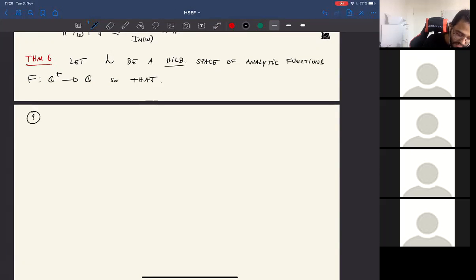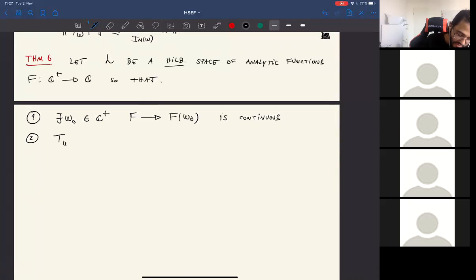First condition: there exists some W naught in the upper half plane, just one, so that this evaluation map, just for this single W naught, is continuous. We will end up showing that, in fact, it will be continuous for every W, but anyway, you just need one.